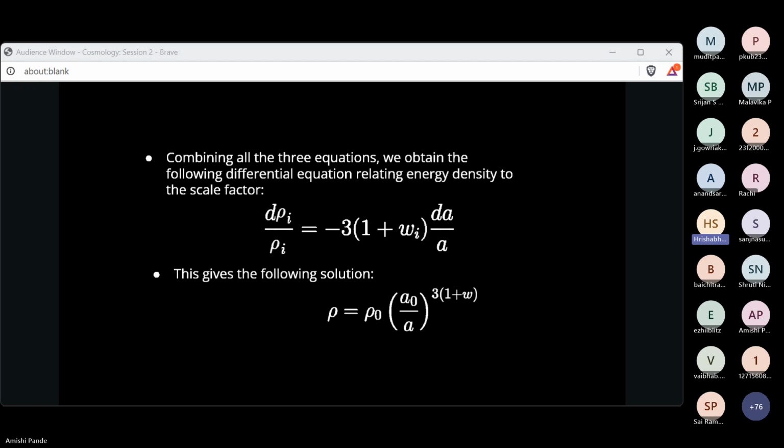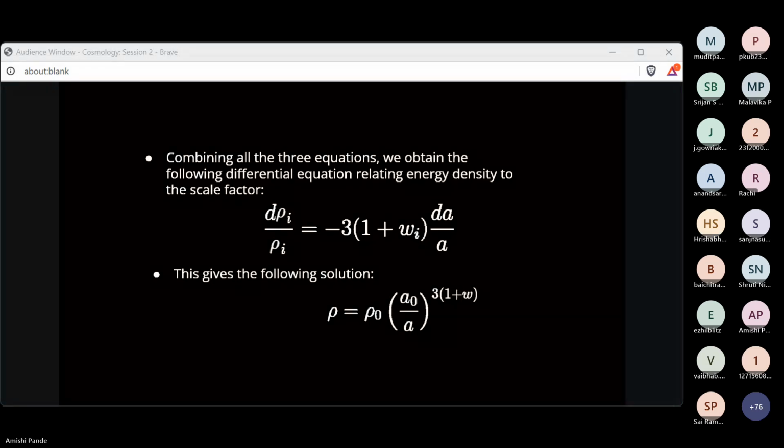The fluid equation looks like this: d rho by rho is equal to -3 (1 plus W) dA by A. And once we solve this differential equation, we obtain the following relation: rho is equal to rho naught (A naught by A) to the power 3 into (1 plus W). This is simple differential equation solving. But now we know how rho, or how the various components present in the universe, vary.